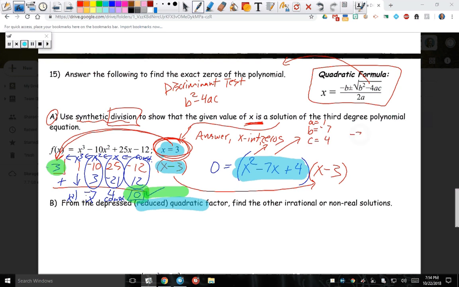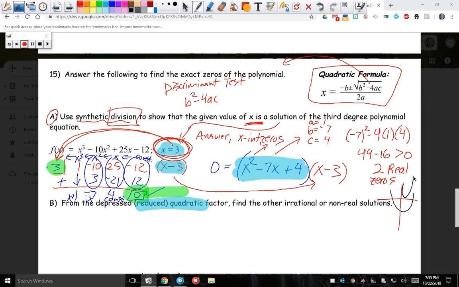So if I do a b squared minus 4ac, I get 49 minus 16. The fact that this is positive shows that you will have 2 real solutions, or 2 real zeros, if you will. Okay? That means the quadratic, whatever it looks like, will in fact cross the x-axis 2 different places. 2 different distinct places.